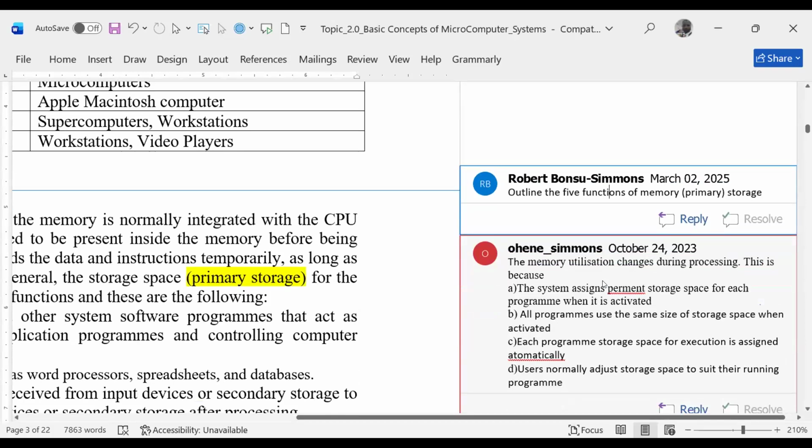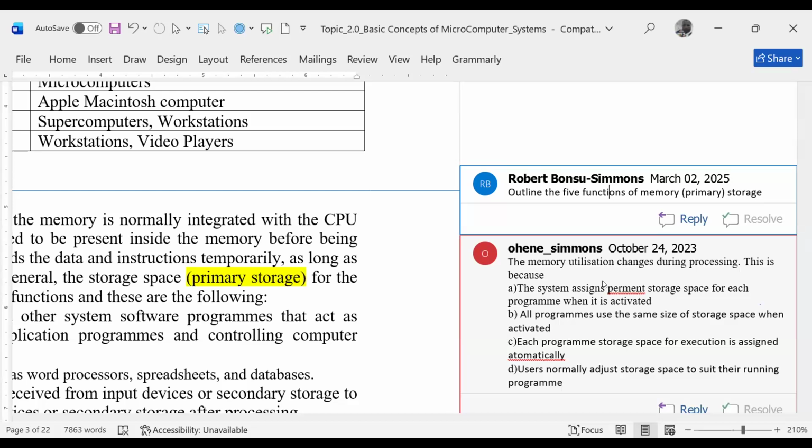Then we are going to outline the uses of the memory or the primary storage. So I'm waiting for some of the options. You've outlined them below. It's a different thing altogether.